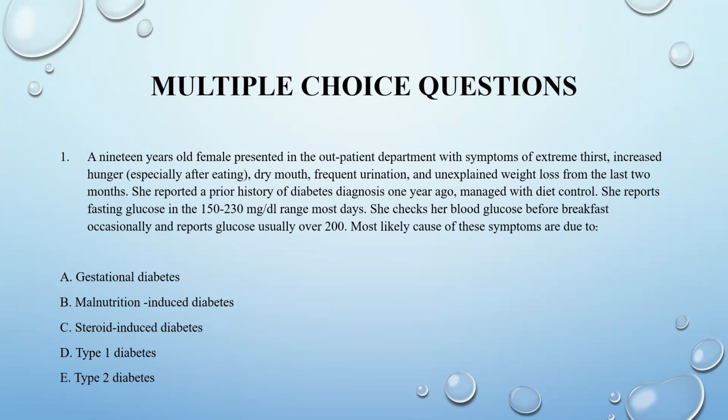The most likely cause of the symptoms is: A. Gestational diabetes mellitus, B. Malnutrition-induced diabetes, C. Steroid-induced diabetes, D. Type 1 diabetes, E. Type 2 diabetes. Yes, the right answer is type 1 diabetes.